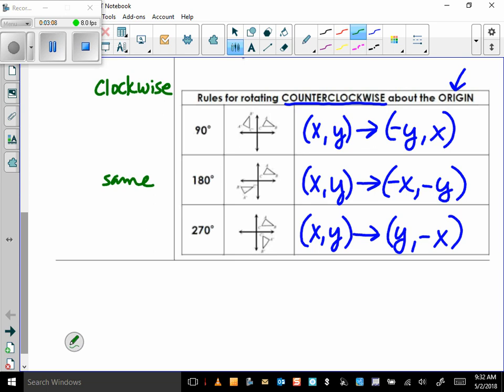What about 90 degrees counterclockwise? What would be equivalent to that rotation if I were going clockwise? That'd be 270, right? 270 degrees clockwise would be the same as 90 degrees counterclockwise. And for 270 degrees counterclockwise, I could just go 90 degrees clockwise and I'd be landing at the same place, right? So that's it. You have to memorize these.